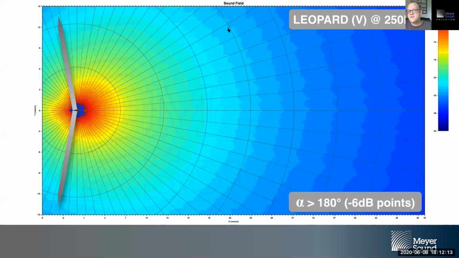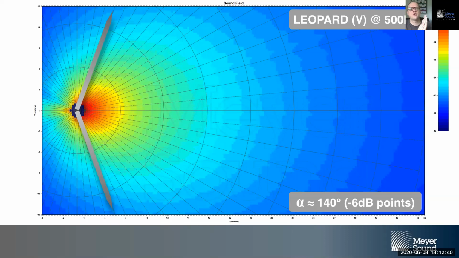We've looked at this in previous webinars, such as the down tilt translation webinar. So I'm not going to explain at great length once more how to measure a coverage angle. Suffices to say that at 250 hertz, a single Leopard is still well over hemispherical, well over 180 degrees of vertical coverage, mind you. Let's go up by another octave.